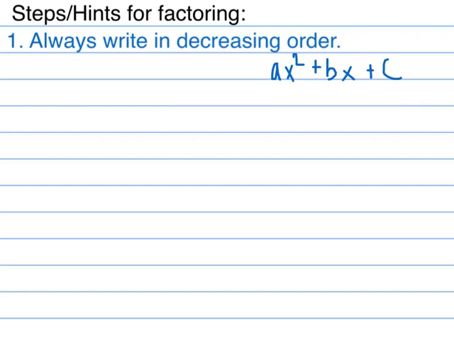So that's what decreasing order means. Sometimes you'll hear the x squared term referred to as the a term. Then you have the b term as the x value, and the c term is the constant. So you want to always write your polynomials in that decreasing powered order.